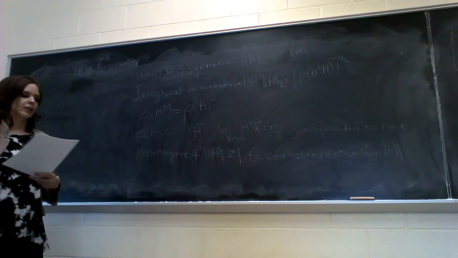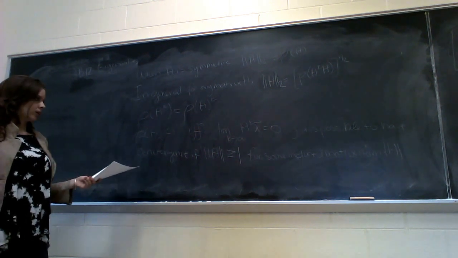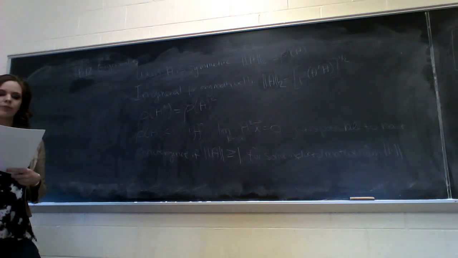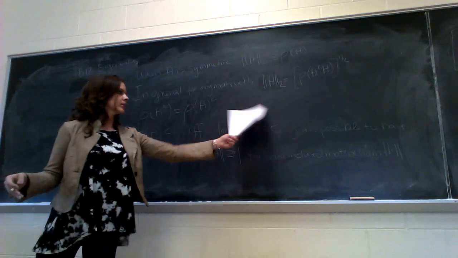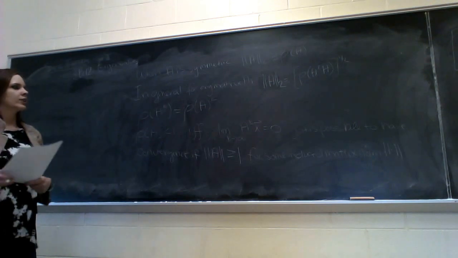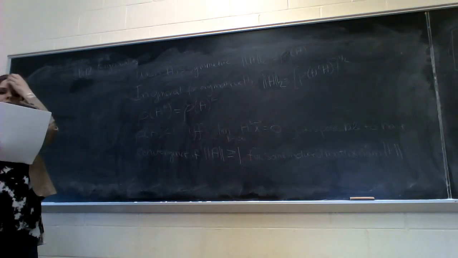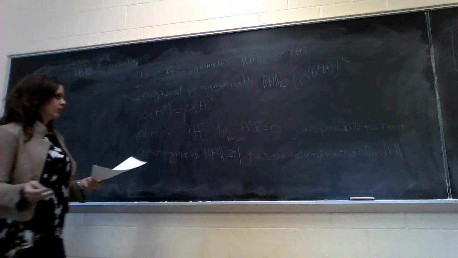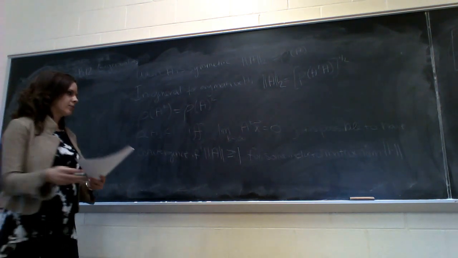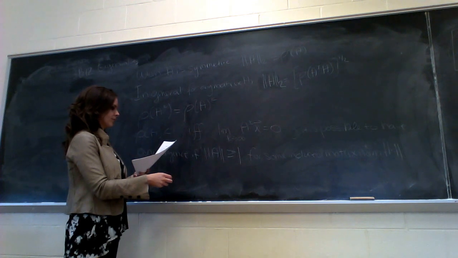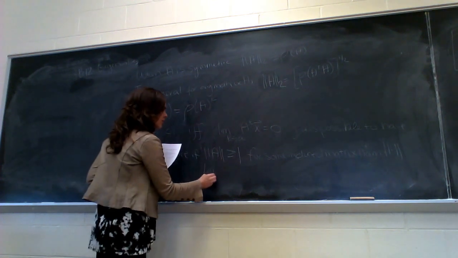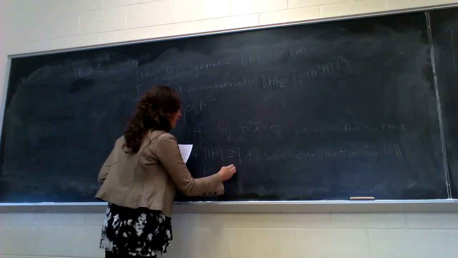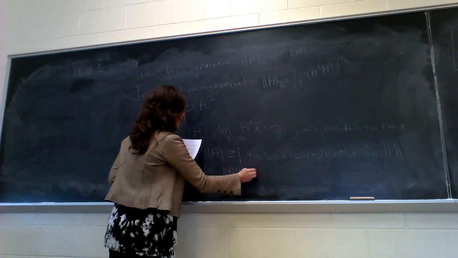However, if rho of A is less than 1, then we can conclude for sure that we get convergence to the 0 vector, even if this limit of the norm may not exist. So the limit as k approaches infinity equals 0.